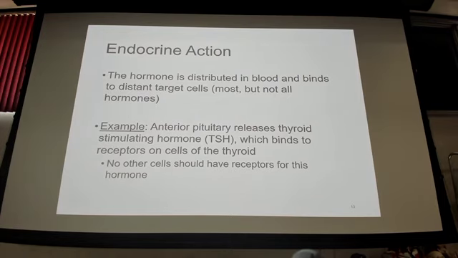So, endocrine versus exocrine, again, distant target cells versus local action cells. We'll talk about locally acting hormones as well, which are paracrine and autocrine, in just a second. But endocrine in general, the endocrine glands, again, the hypothalamus, pituitary, are not making substances that act locally. They're making substances that are going to affect tissues somewhere else in the body, right?